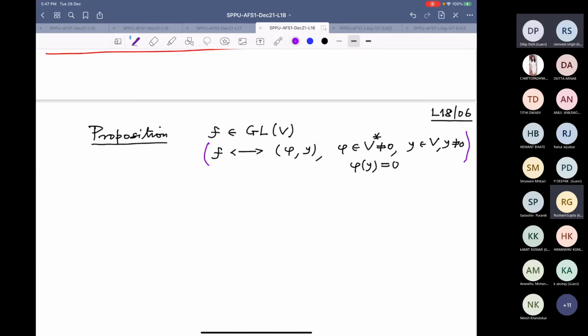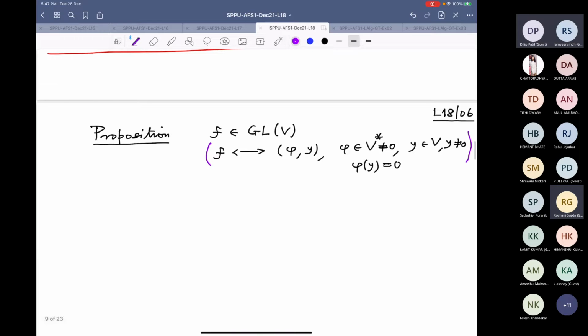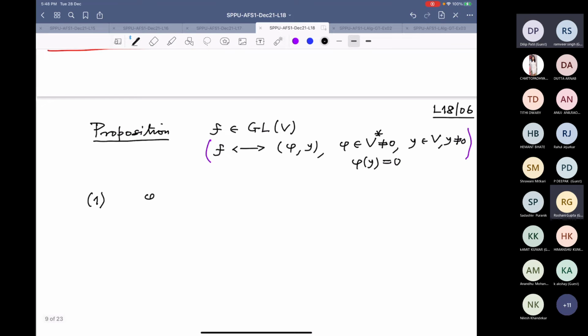I am writing it together for maybe dilatation and transvection together. Point number one: how do I compose such two maps? That means phi y composed with phi prime y prime.